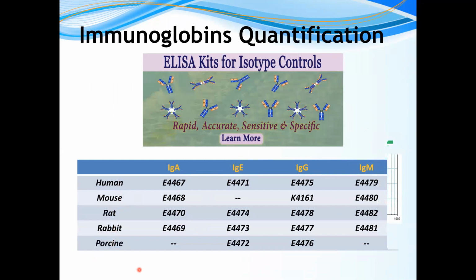We are currently adding more kits to this product line. If you have any customer who would like an ELISA kit for any other immunoglobulins or any other species, please feel free to contact us. Maybe we can help you by providing that.